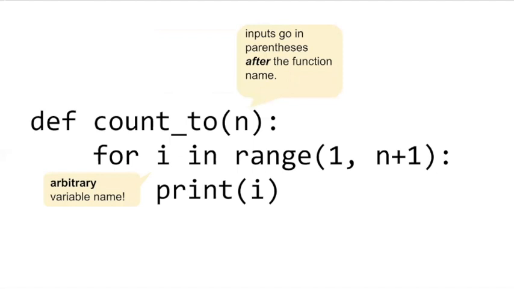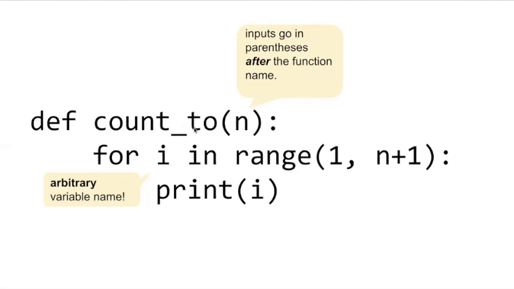Starting off with defining the function, we start with this def keyword, and then we have the name of the function afterwards. In this case, I have count_to_n, and then I have these parentheses, and then the name of my inputs inside of the parentheses, and then I have a colon at the end. One thing to remember is that your inputs can be any variable name that you choose, and your function name has to be continuous.